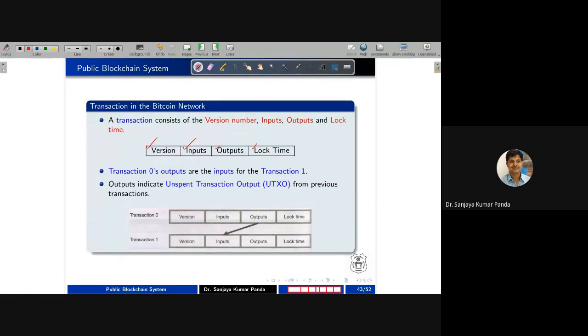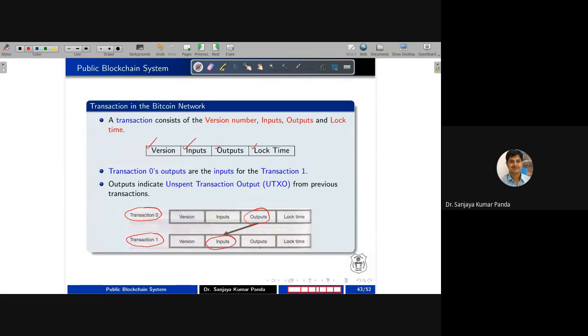For example, if I say this is transaction zero, it has four different components: version, input, output, and lock time. Transaction one also has four different components. Transaction zero's outputs are inputs to transaction one.